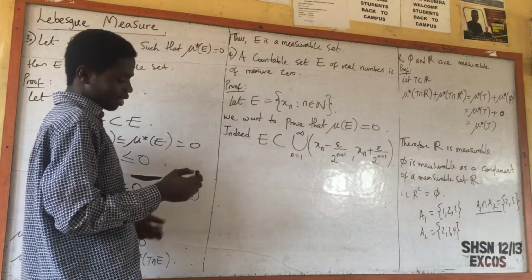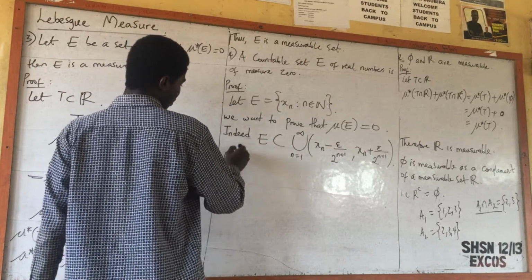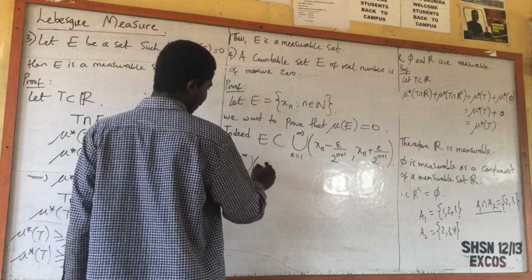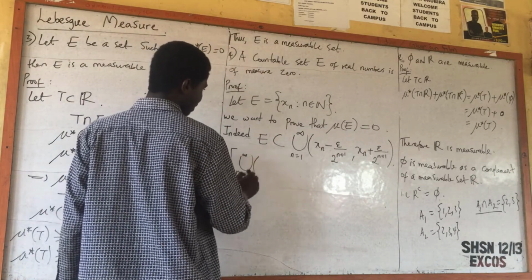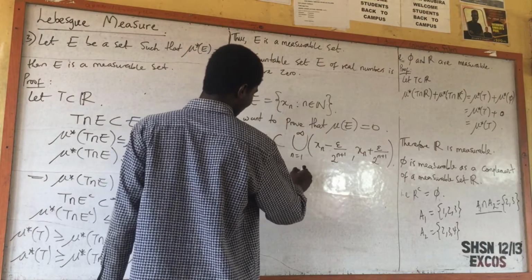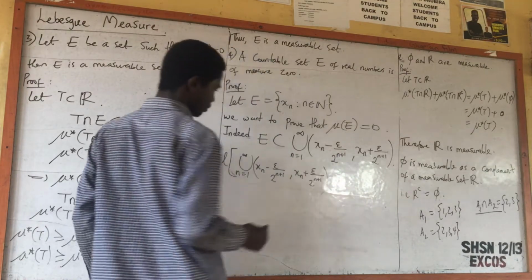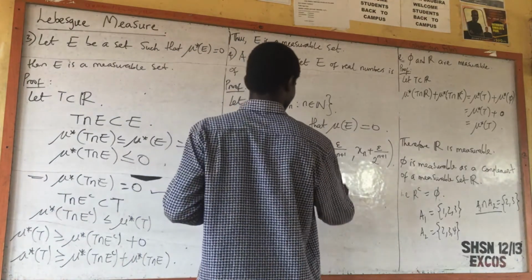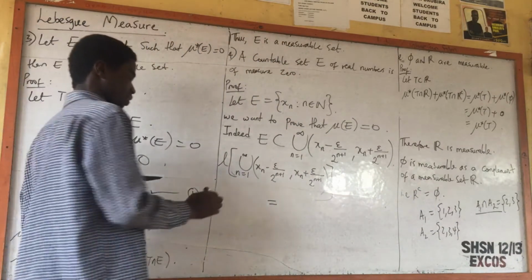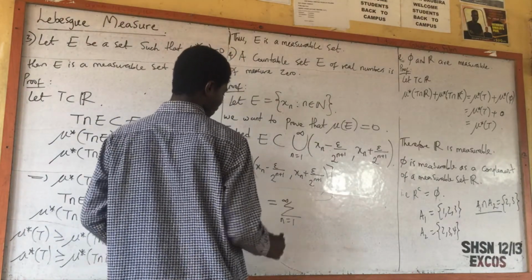Before I go far, let us compute the measure of this one, the length of the union for n starting from 1 to infinity of the interval (xn minus epsilon over 2^(n+1), xn plus epsilon over 2^(n+1)). I told you whenever the union comes out, it becomes summation: the summation of n from 1 to infinity of the length of this.